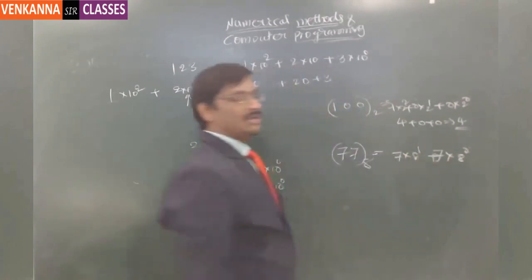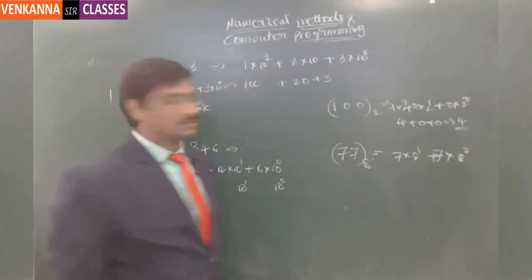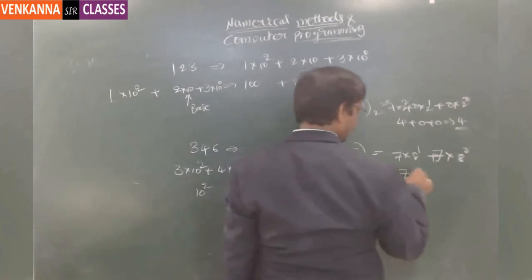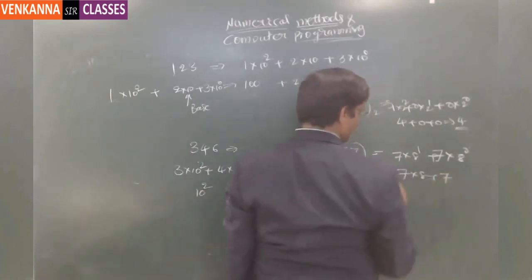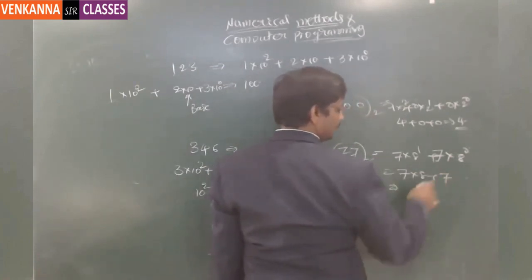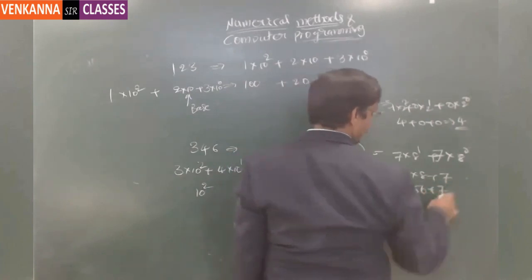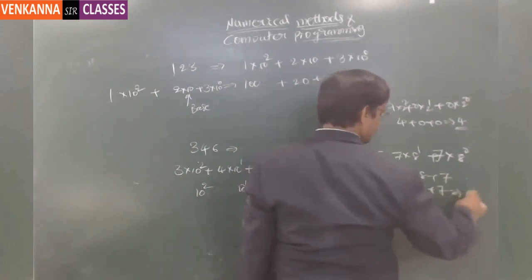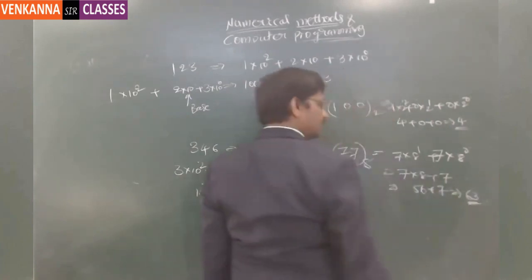So this is the decimal equivalent there. So this is 7 into 8 plus 7. So this is 56 plus 7. So this is 63. So this is the base 10.